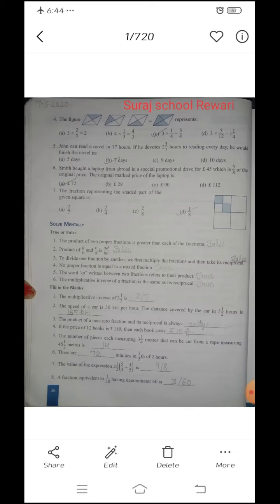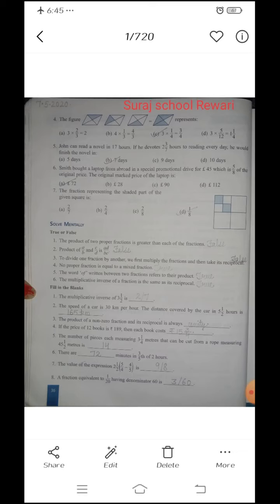No, this is wrong, because the correct answer is AC upon BD. This is false. Okay. Now third question: to divide one fraction by another, we first multiply the fraction, then take its reciprocal. No, first we take the reciprocal, then multiply. Okay, this is false.